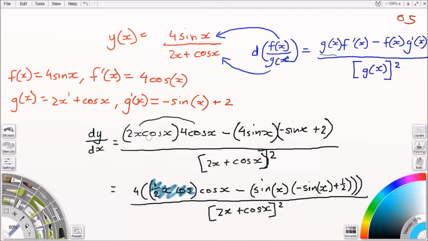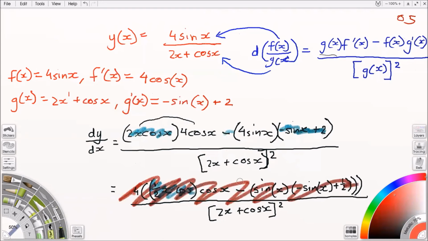So they left it as is. Yeah. So apparently when you bring the 4 out, it doesn't affect these other terms. And then when they brought the 4, oh, excuse me, the 4 sine x just became negative sine x. Yeah, and then this here stayed the same. So this here is wrong. I'm going to delete it.